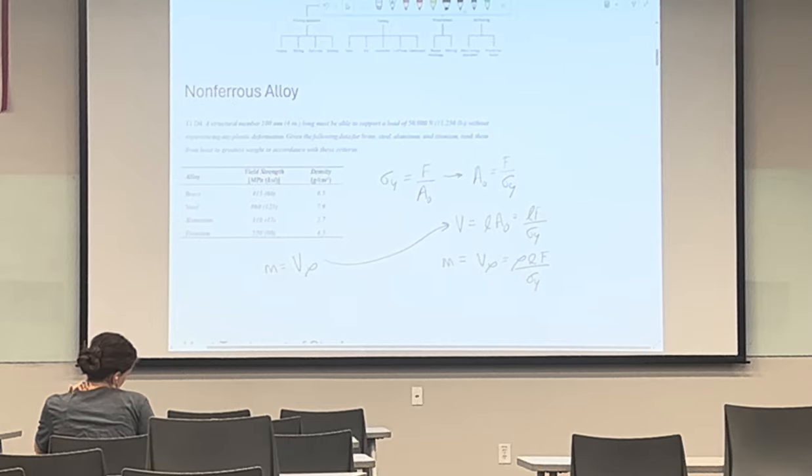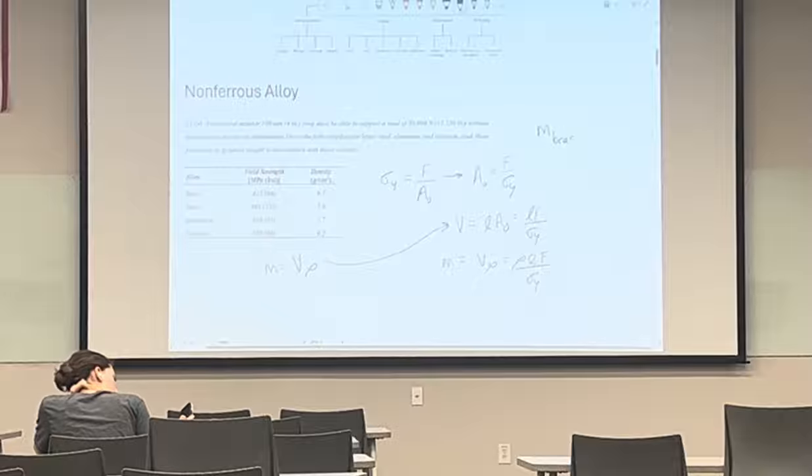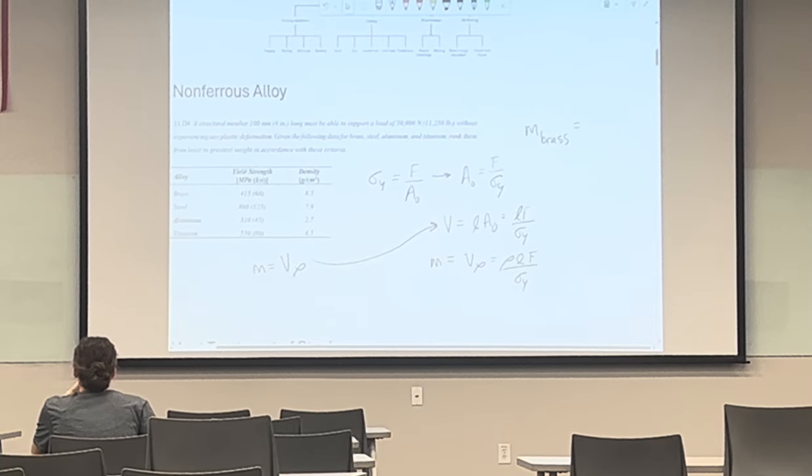So the first one is the mass of the brass. If we plug in all of our values for brass into this equation up here, you should end up with about 102 grams. The mass for steel should be about 46 grams.